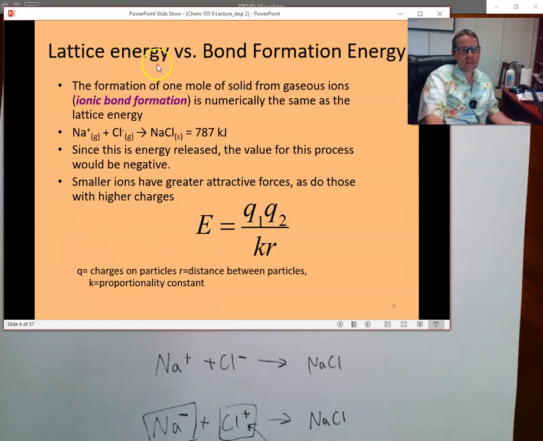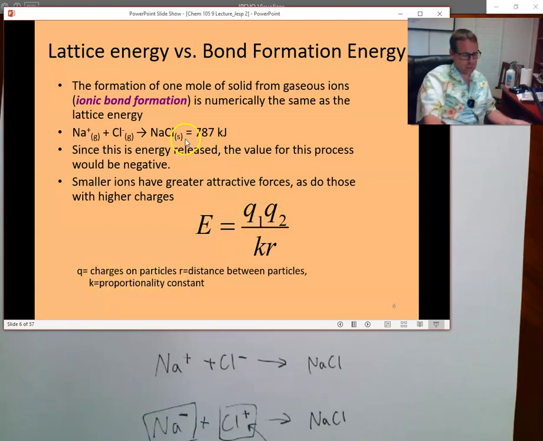And this lattice energy is associated with the ions coming together. If I take sodium ions and chloride ions and bring them together to form a sodium chloride three-dimensional lattice, again 787 kilojoules of energy is released for every mole of sodium and chlorine that I bring together to form a mole of sodium chloride. This energy is related to Q1, which is the charge on my particles.